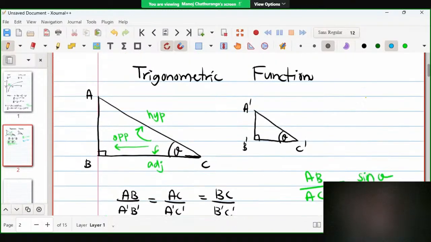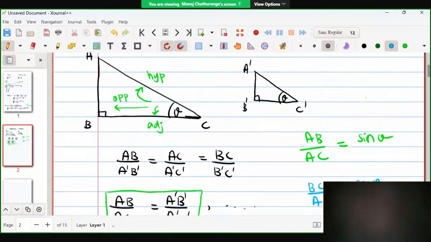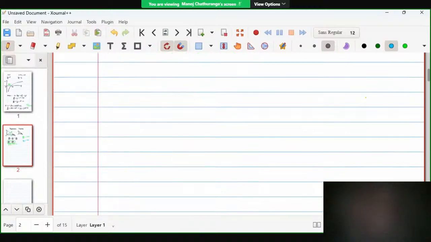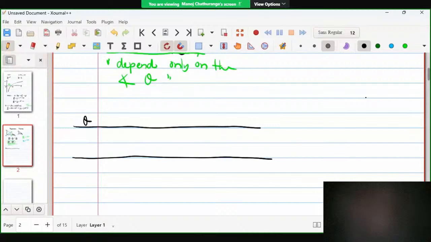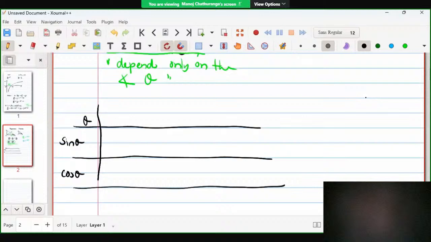So we know some properties of these ratios. For example, we know some values. You may need to memorize these values because we need them for simple computations.